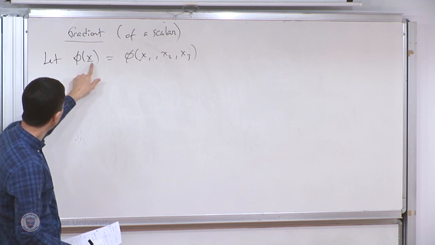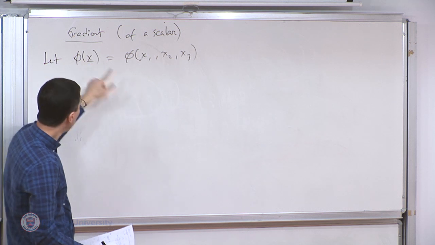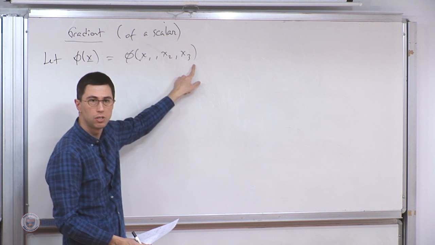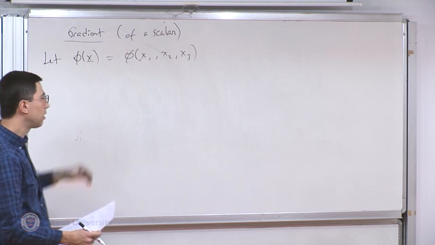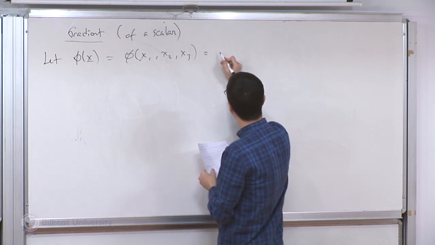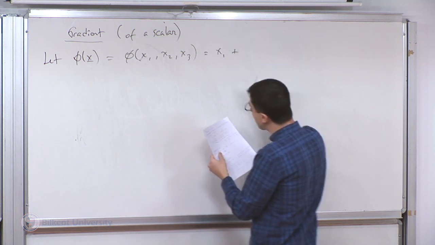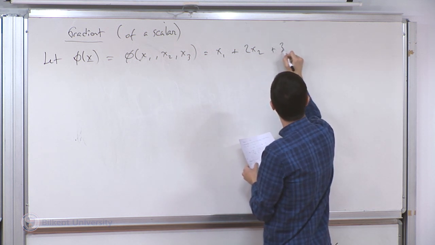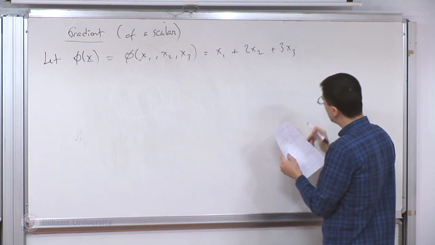So the function depends on the vector, or I can write it explicitly. The function depends on the components of the vector. So these are two equivalent expressions. And here is the particular function that I will choose. And I will keep employing this function again and again in the next few subtopics.